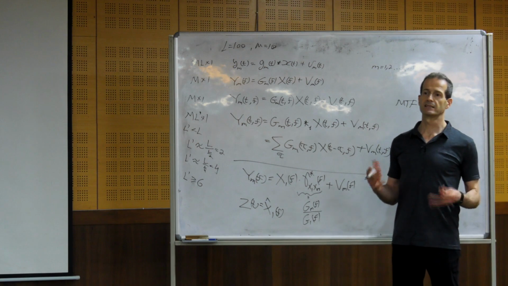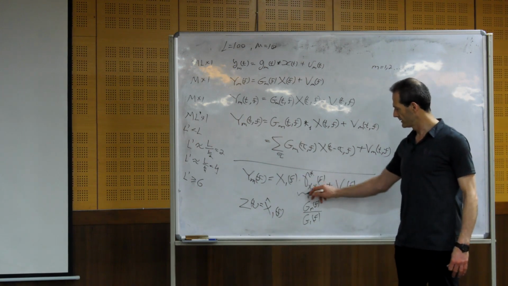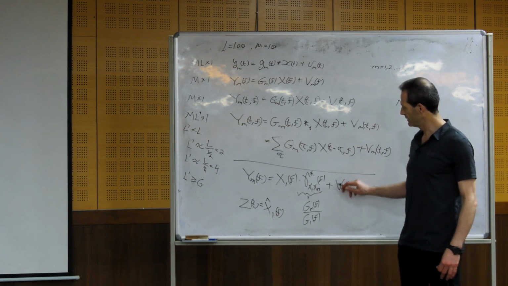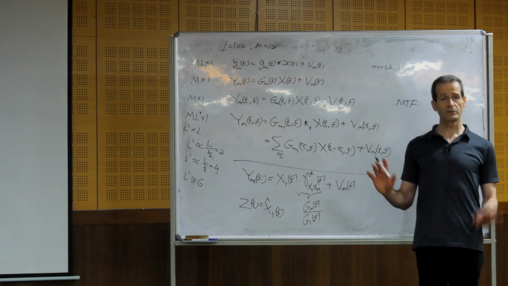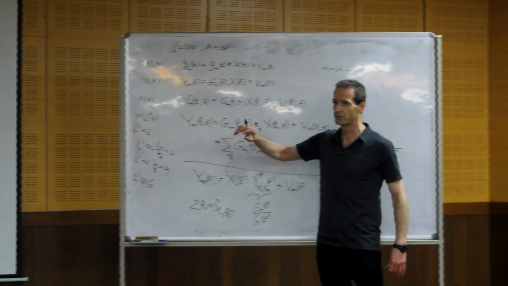This is signal enhancement. So we need to know information about these relative transfer functions and the correlation matrix of the noise. For each frequency, we work with each frequency.